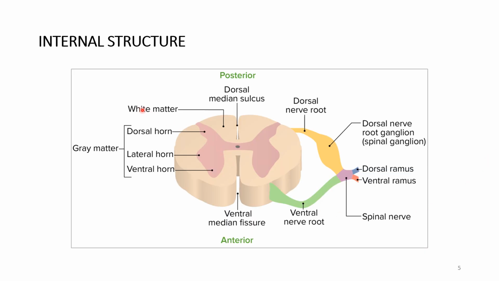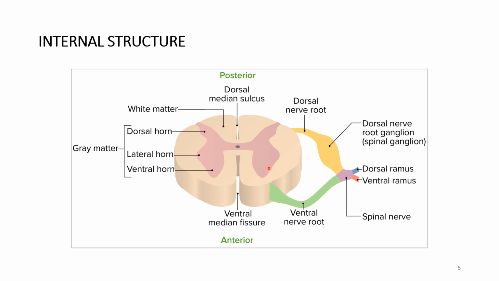If you see the internal structure of the spinal cord, anteriorly it has the ventral median fissure and posteriorly the dorsal median sulcus, and it has white matter and grey matter. You can see this H-shaped grey matter, which is divided into ventral horn, lateral horn and dorsal horn.